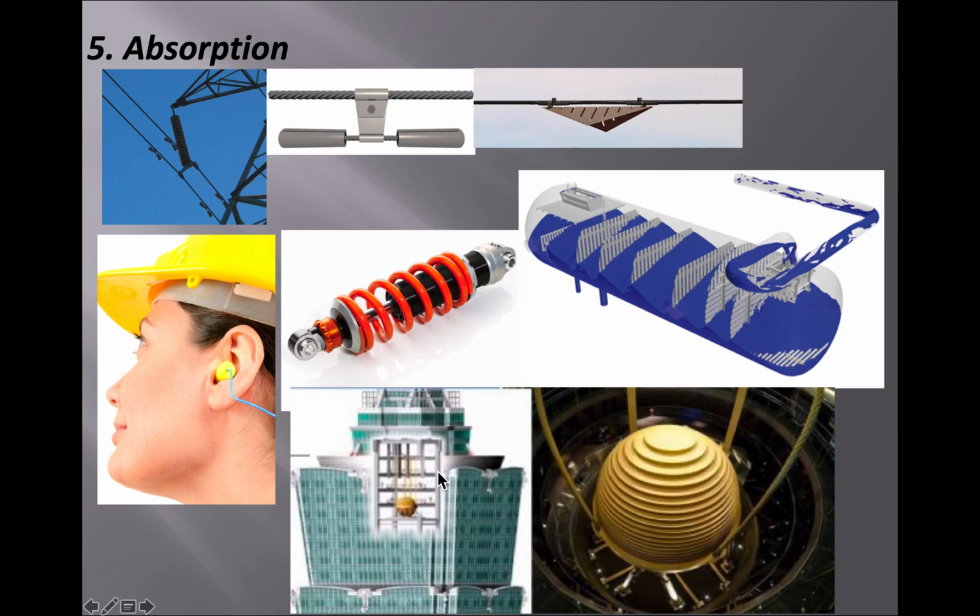A lot of very tall towers have some sort of dampening system of some form or another. This one has one that's actually more of a tourist attraction, where you can actually see this thing being used.